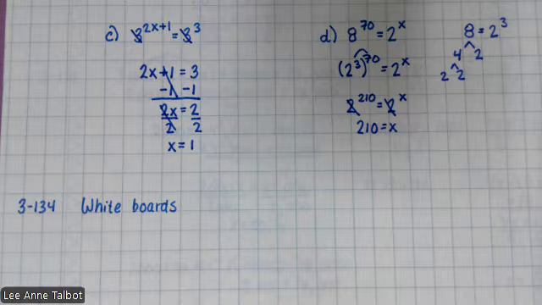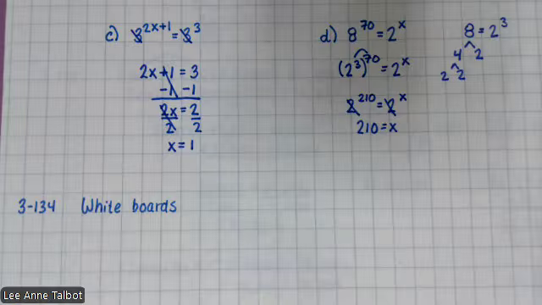Okay, now I have a mixed review problem for you. Number 134 in the book is a bunch of different types of equations to solve. I want you guys to do them on whiteboards and not in your notebook, but please do not put your notebook or your packet away. What I would love is for you to go in your notebook, find the homework 114 to 119, and then put your packet in that page in your notebook.